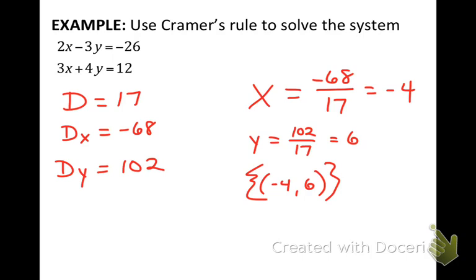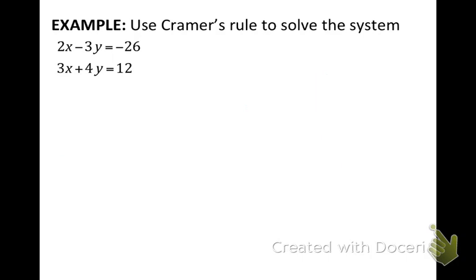All right, so let's go through one together of a new problem. Is everybody good? All right, so system number 2, we've got 5x plus 7y equals negative 1, and 6x plus 6y equals positive 1. So let's figure out our d, d sub x, and d sub y. So first, let's do d.